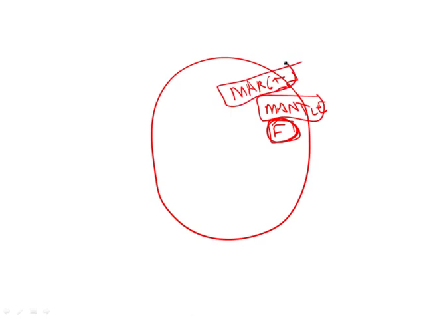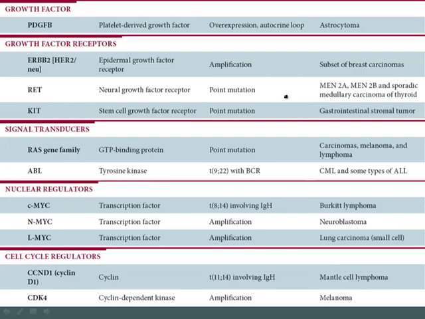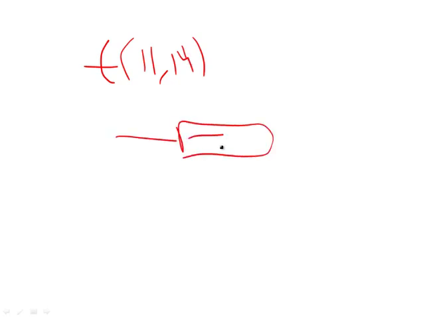Now, mantle cell lymphoma, which is what we're now talking about, is driven by something called the translocation 11-14. What happens there? Well, these are B cells, and B cells normally are overexpressing immunoglobulin heavy chain, which sits on chromosome 14.